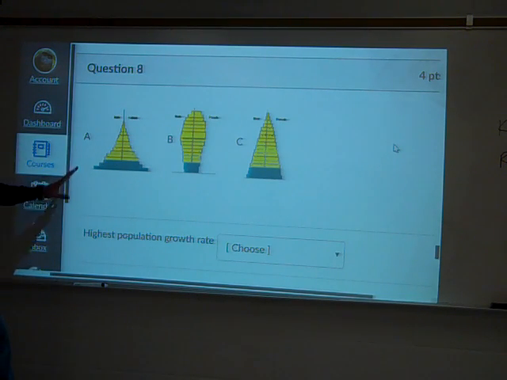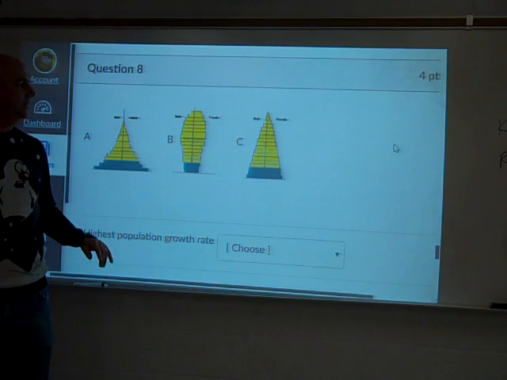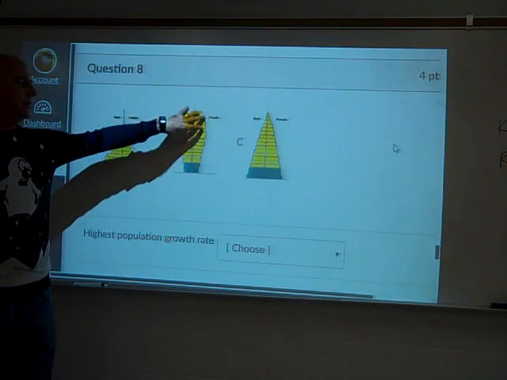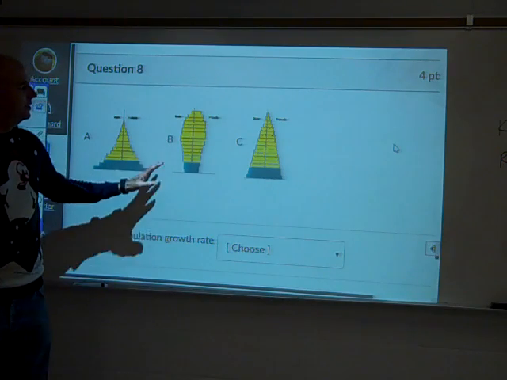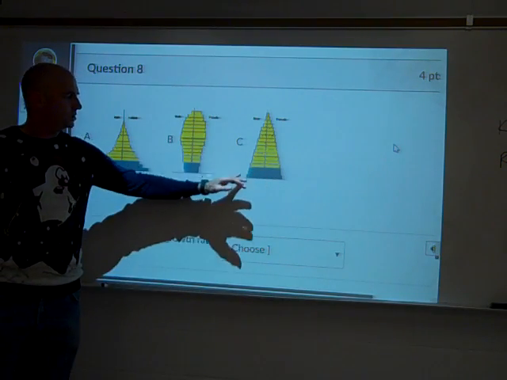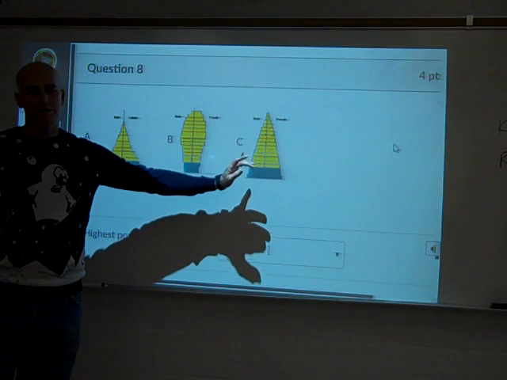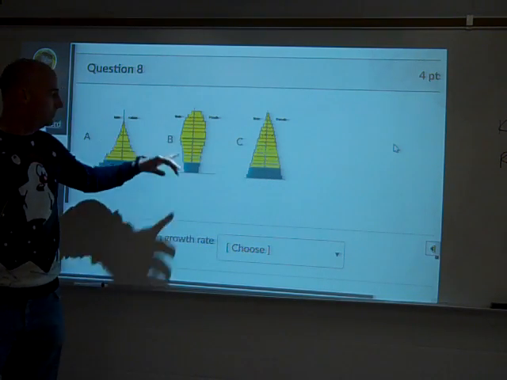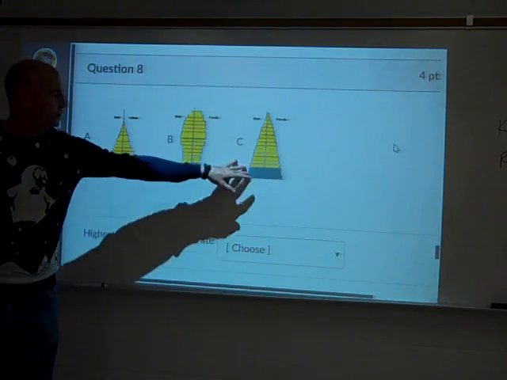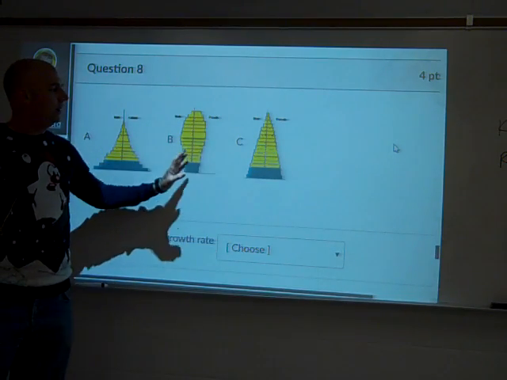So with this one, which one of these would grow the fastest? A, B, or C? Just say it out. A, okay. Slowest or even negative? B, you got your aging population. Think of a coffin here, dying off, that kind of thing. And then your C, that wasn't one of the choices in this one, but C is industrial. Typically, you've got a more or less even distribution. It's starting to move towards this, basically between these two right here.